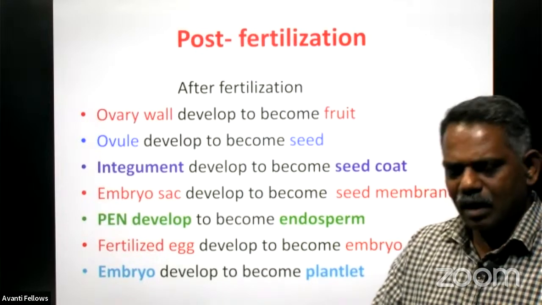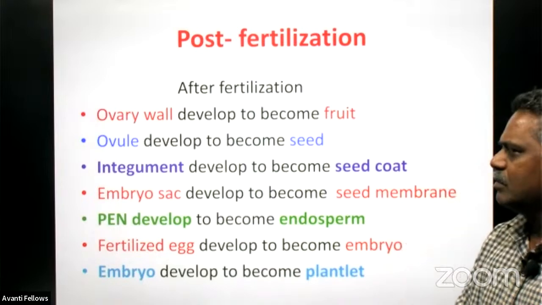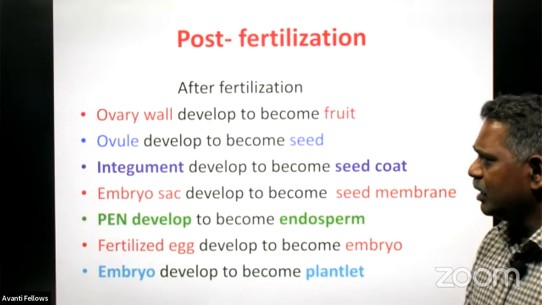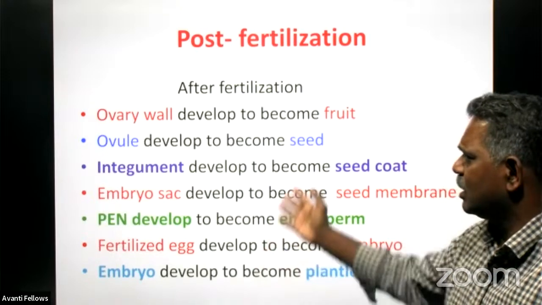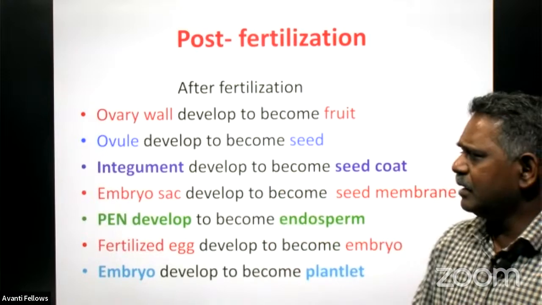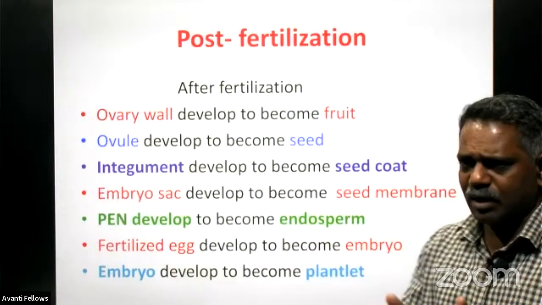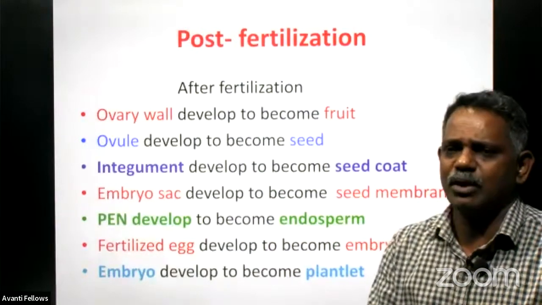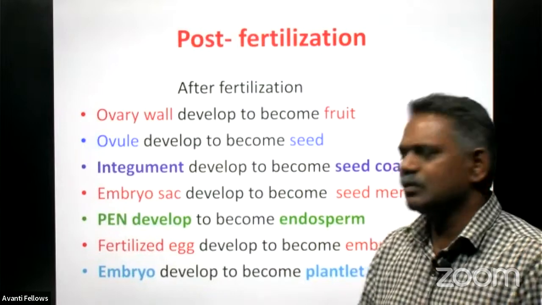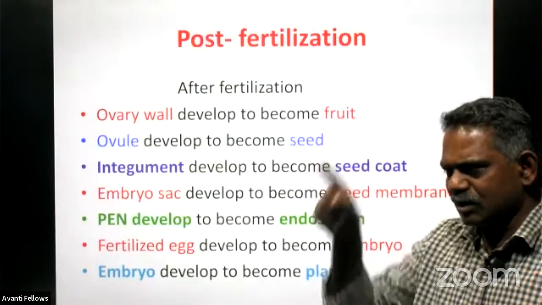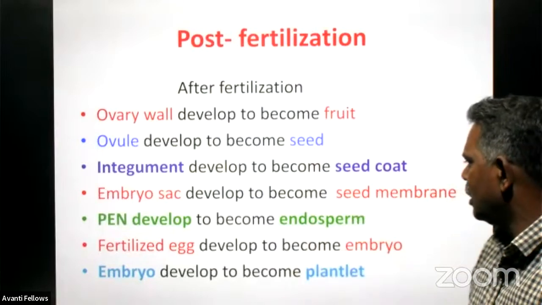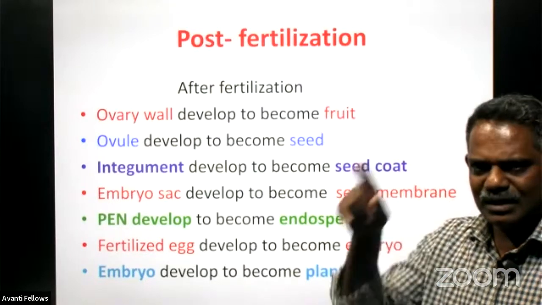Those ovules after fertilization develop to become the seeds, and every ovule has a protective structure called the integument, which develops to become the hard coating for the protection of the seed. We call it the seed coat. And the embryo sac, the structure present in the ovule, develops to become the seed membrane.